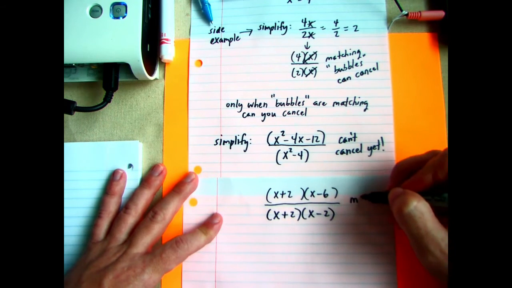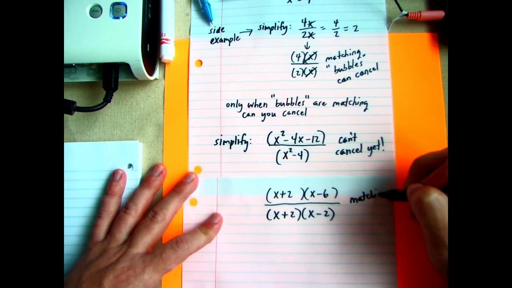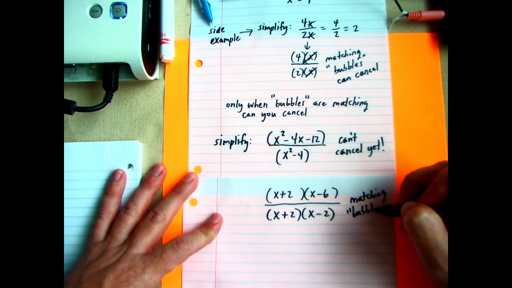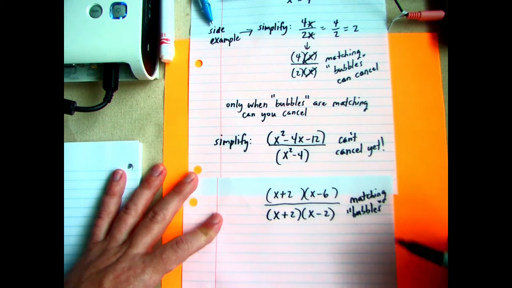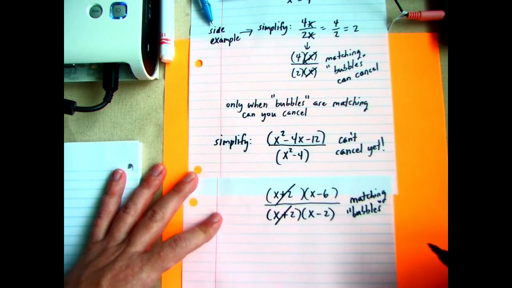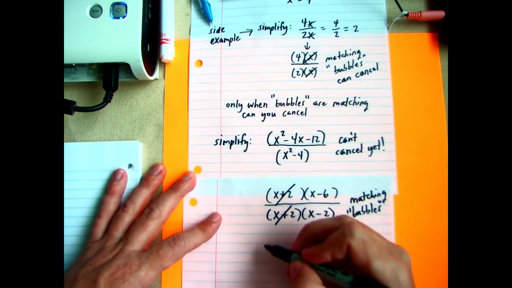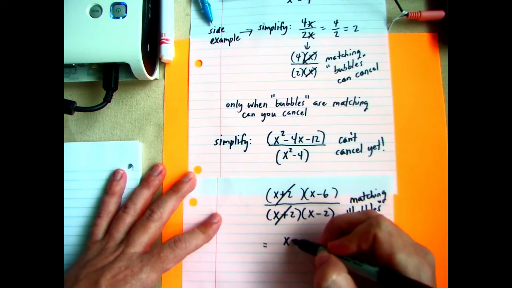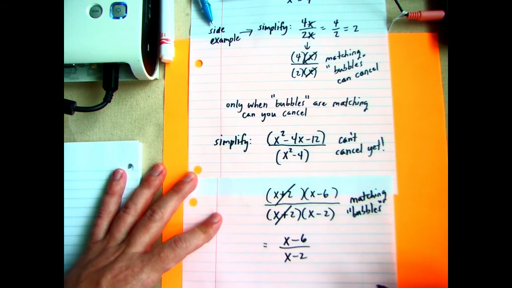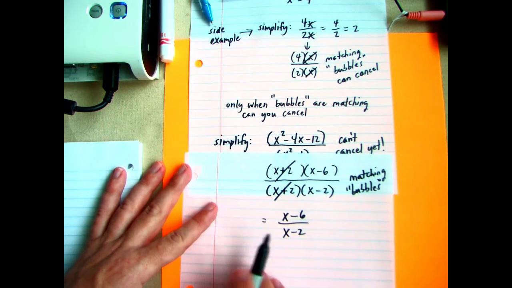So now I have 2 bubbles that match. X plus 2 and x plus 2 match. So now those are able to cancel. So this leaves me with x minus 6 over x minus 2.